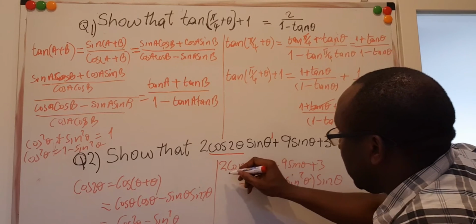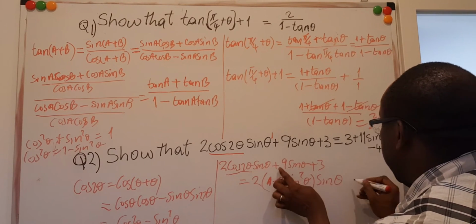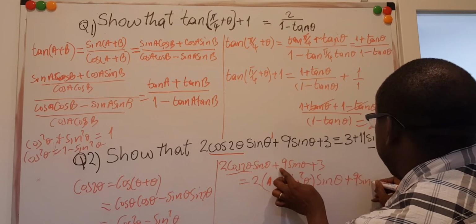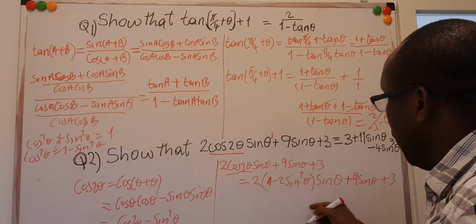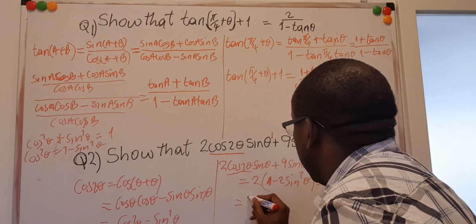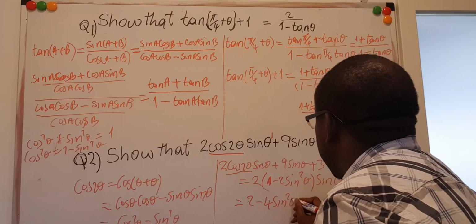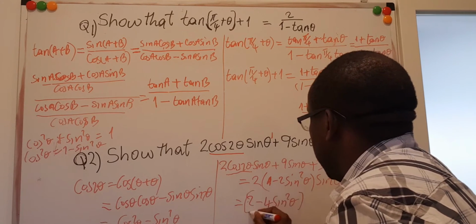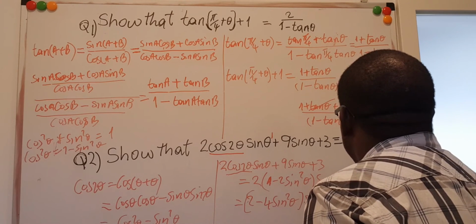So this part here is replaced. This is my 2 here, this part is replaced, and the sine theta is there, plus 9 sine theta plus 3. I can open this now. 2 times 1 is 2, minus 2 times that is 4 sine square theta. We still have sine theta outside, plus 9 sine theta plus 3.